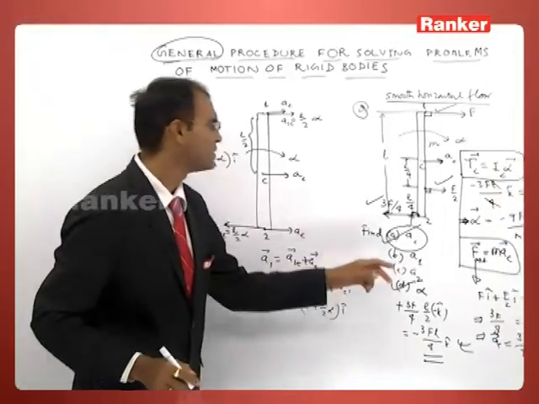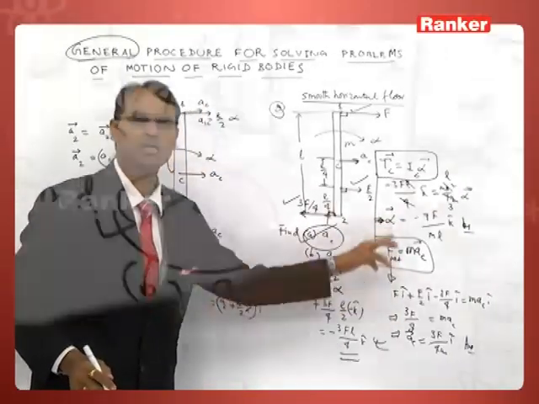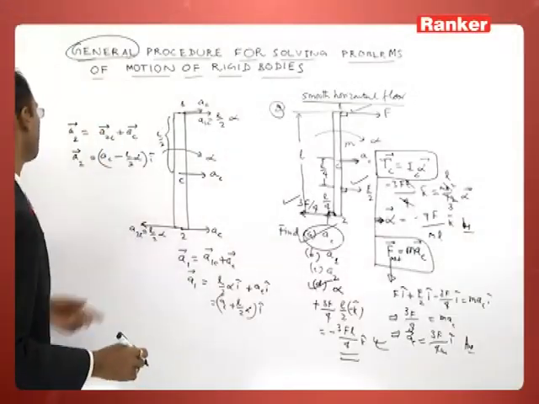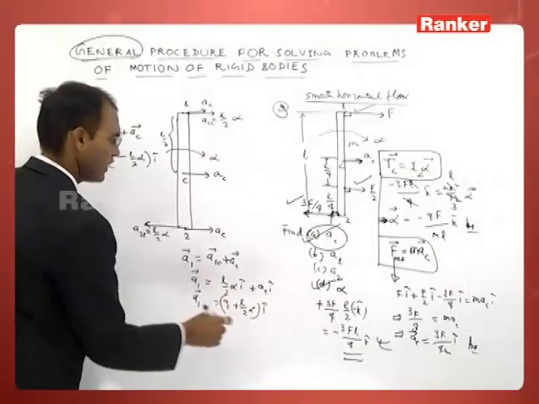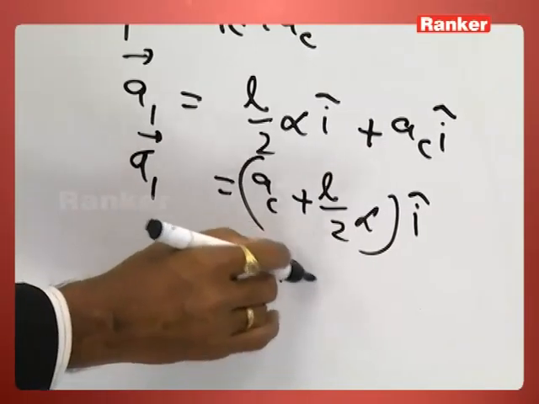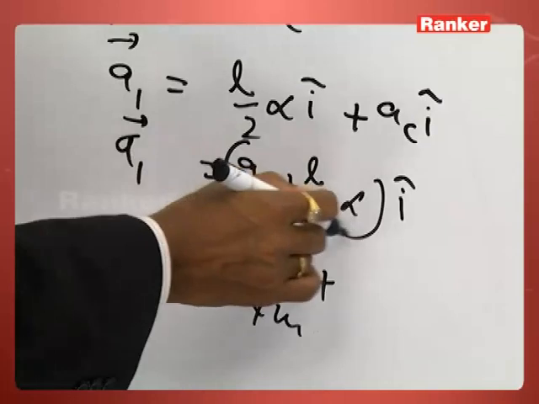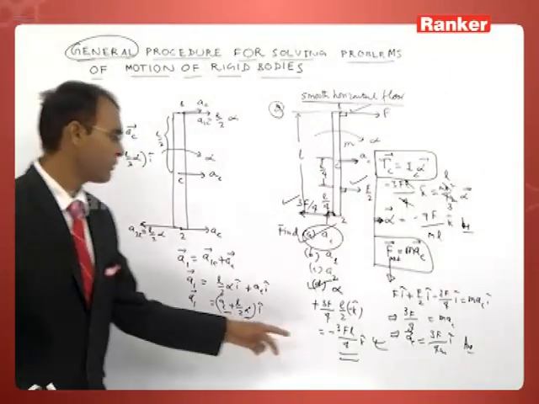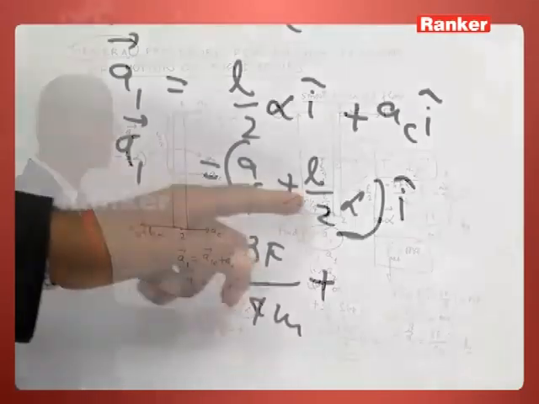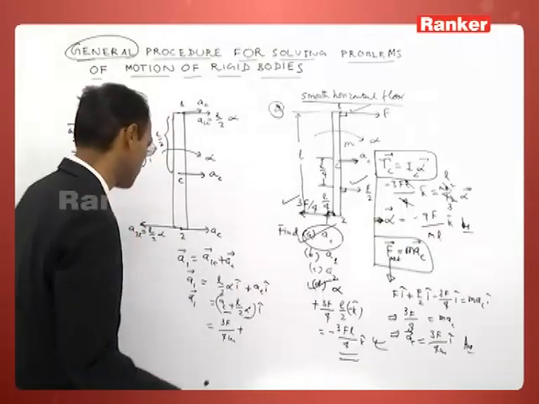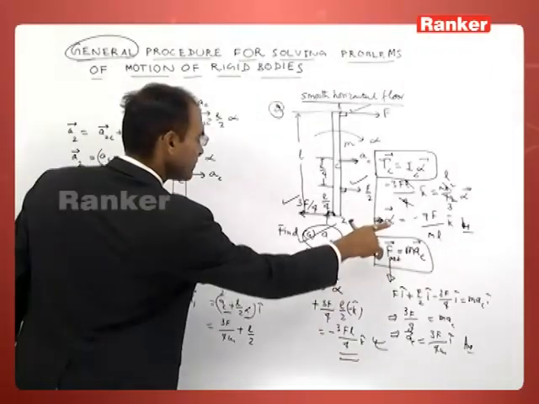We have found AC and alpha. Substitute their values in this equation or in this equation. What is AC? 3F by 4m. What is alpha? The magnitudes. Direction already you have written. Just you have to substitute the magnitudes. L by 2. What is alpha?